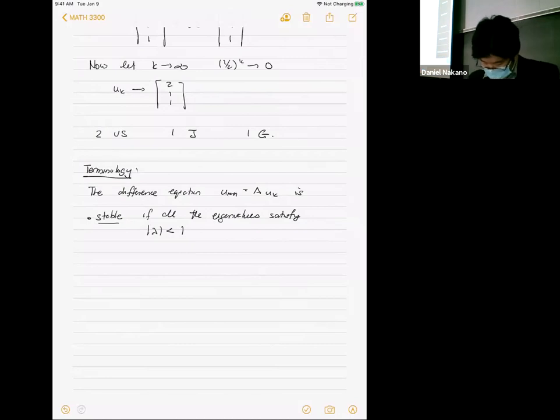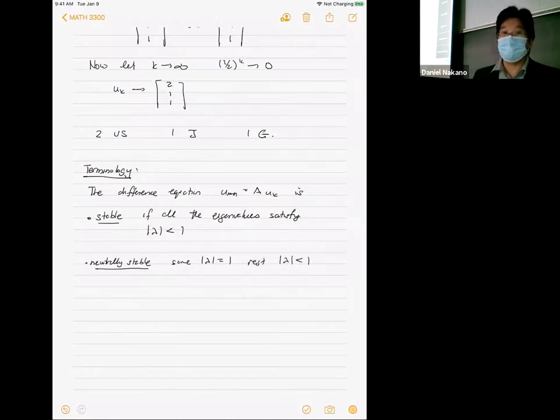It's neutrally stable if some eigenvalue is equal to 1 and the rest are strictly less than 1. Okay, so you're allowed to have one of the eigenvalues in absolute value be 1.